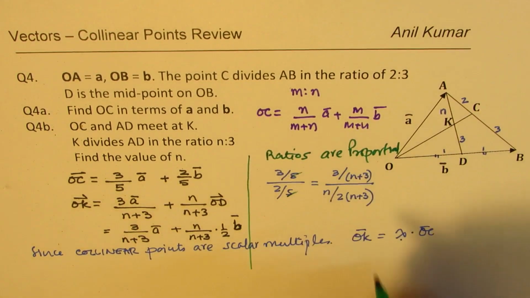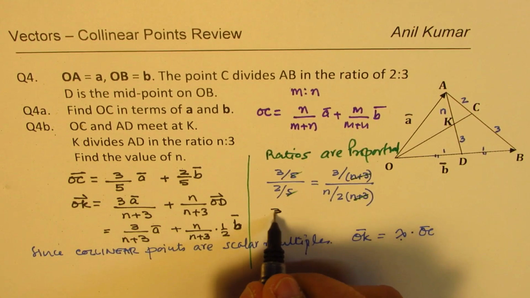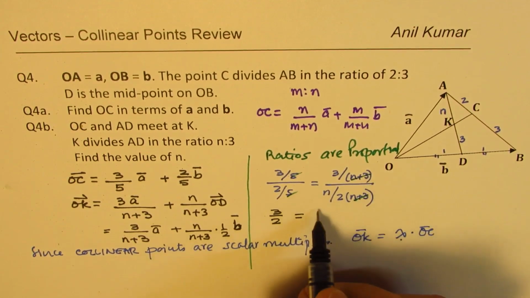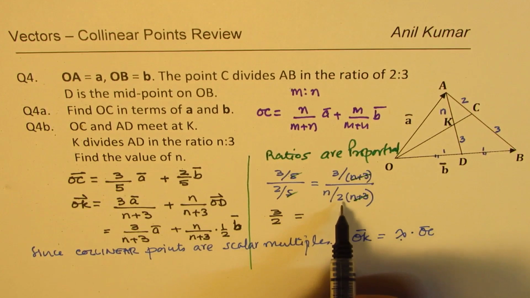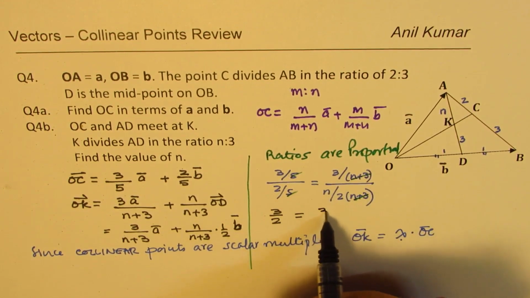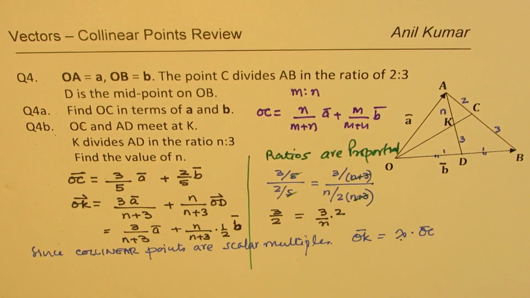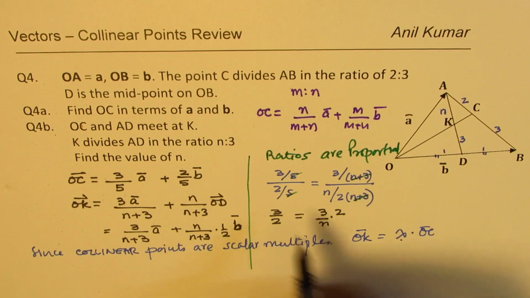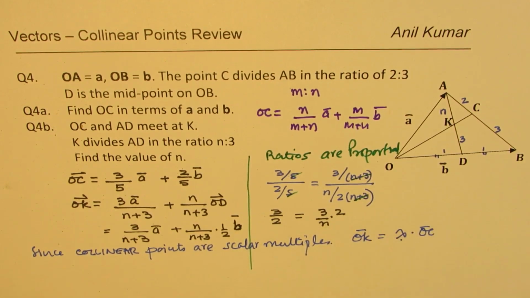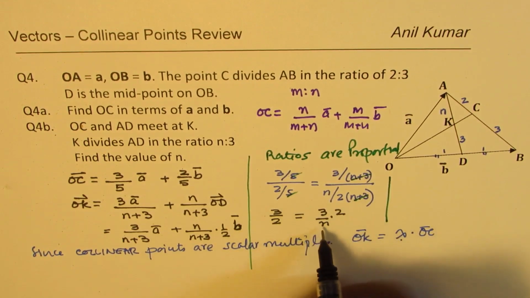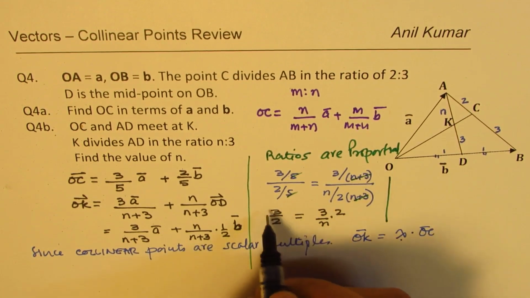So this 5 and 5 cancel, and this n plus 3 cancels. We get 3 over 2 equals 6 over n, because this is n over 2, so we get 3 over n times 2, which is 6 over n. Now you can cross multiply.